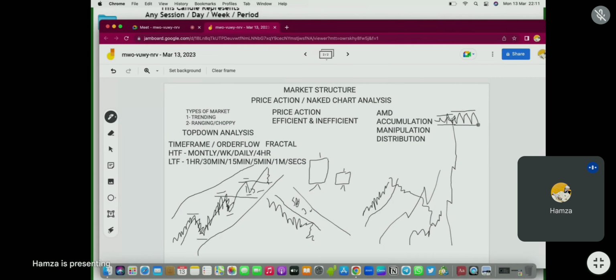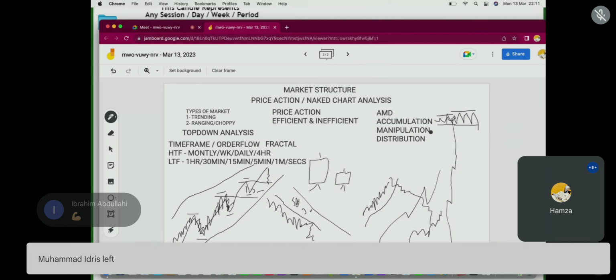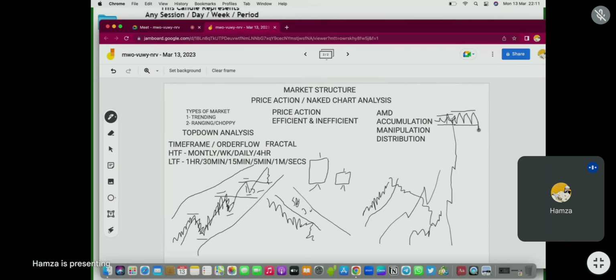Now, when price seeks to break out of that range, we call that manipulation. Why is it manipulation? Well, when you are deceiving someone, you are committing a manipulation. So when price makes a manipulation like this, it gives you the impression that it wants to continue going down, but then boom, it goes back up. That's a distribution.